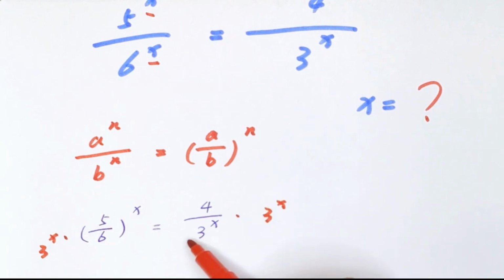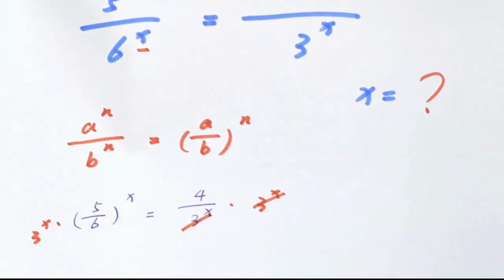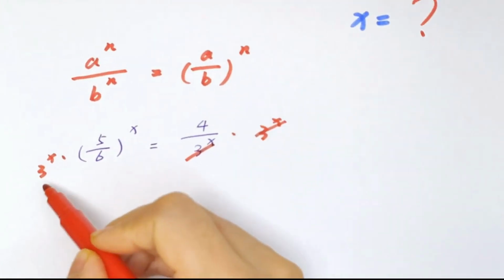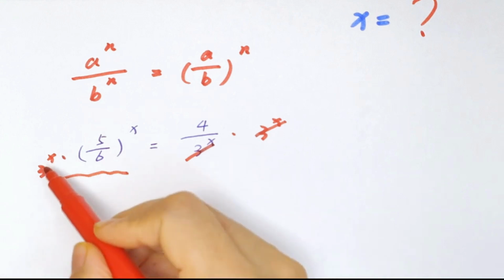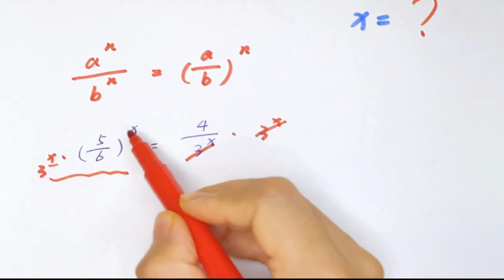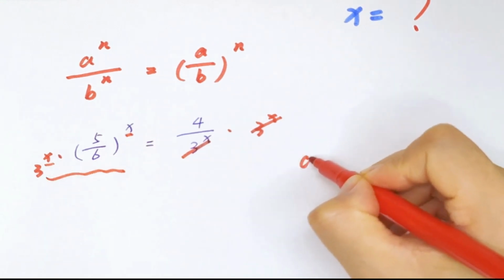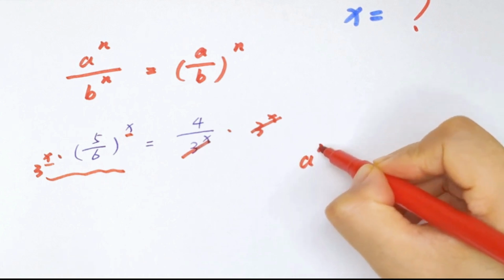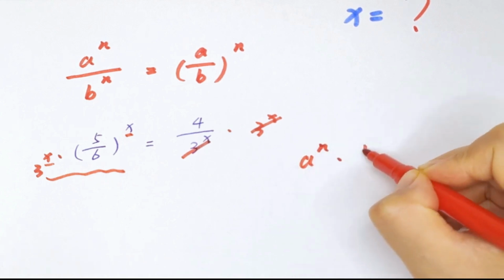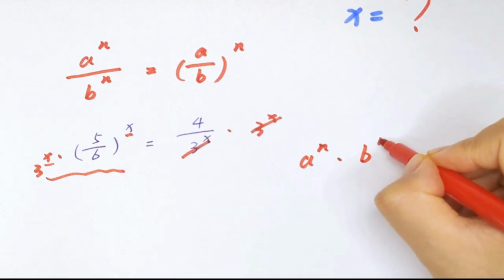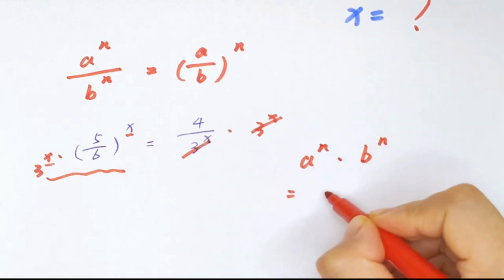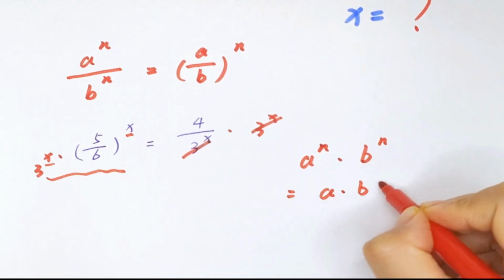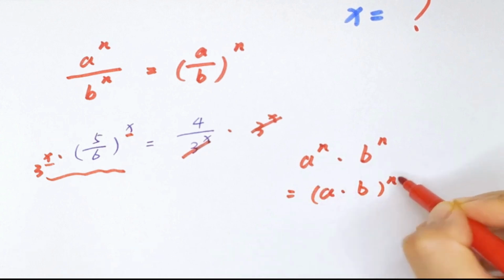And this will cancel with this. And in here, we have same powers. a to the power of n times b to the power of n equals a times b bracket to the power of n.